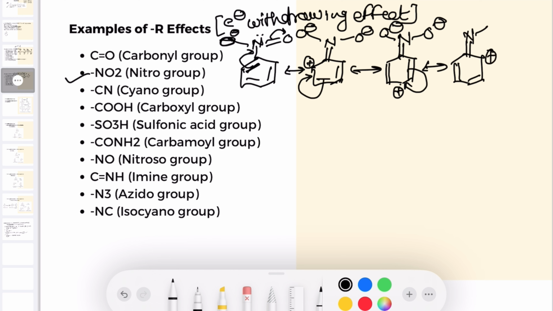Here a positive center, an electron deficient center, is created, O minus. Then this bond goes here and this is balanced. So in the last structure we get the original structure, only the difference is the interchange in position of the carbon-carbon double bond and carbon-carbon single bond.